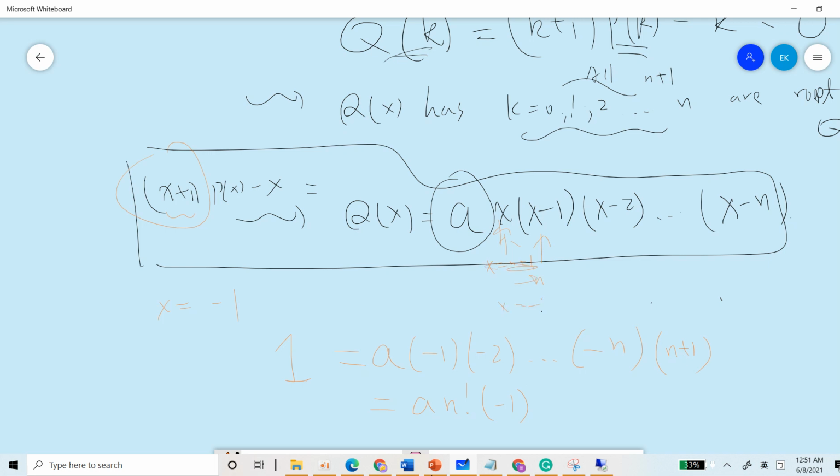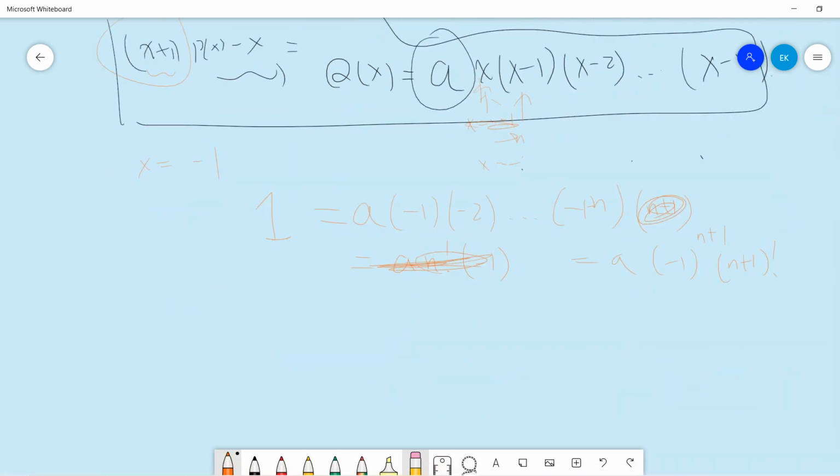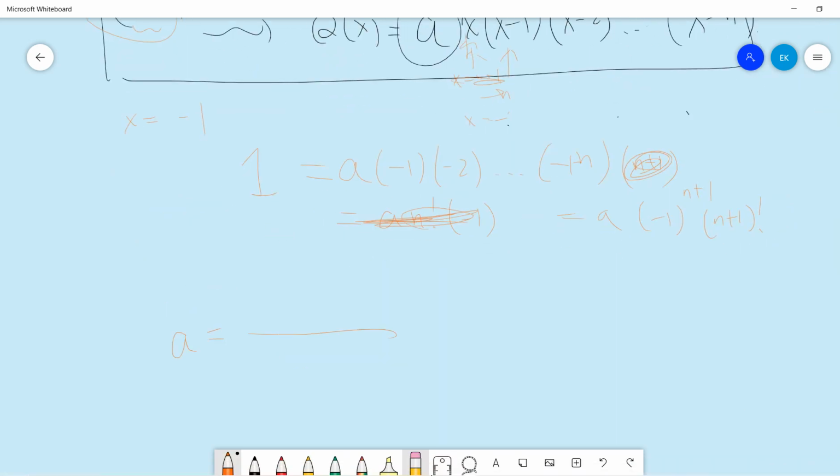So the final term is minus 1 minus n, and you get a times minus 1 to the n plus 1 times n plus 1 factorial. So you get a to be minus 1 to the n plus 1, divided by n plus 1 factorial.